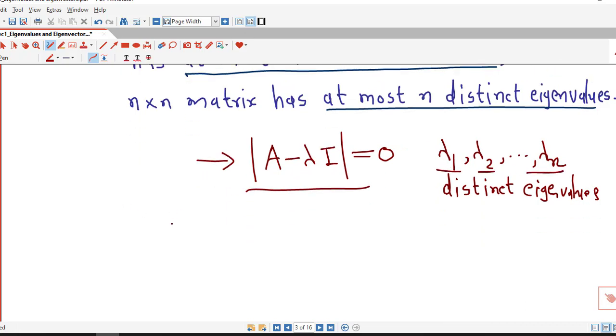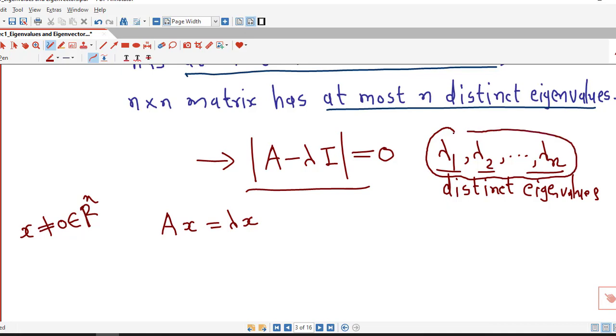Now as we know, lambda is an eigenvalue of a given matrix if A into x equals lambda into x, where x is a non-zero eigenvector in Rn. So first we will solve this equation, and we obtain eigenvalues lambda 1, lambda 2, up to lambda n.